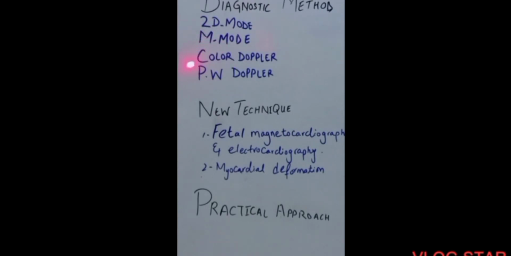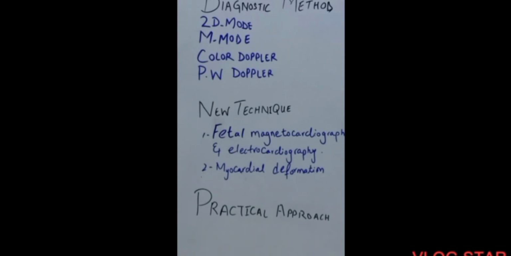Number three and four are color and pulse wave Doppler. We can use these modes in the LV inflow and outflow through the five chamber view, and in the aorta and SVC we can put color and pulse wave Doppler through the triple vessel view.